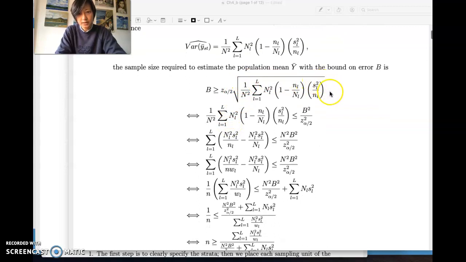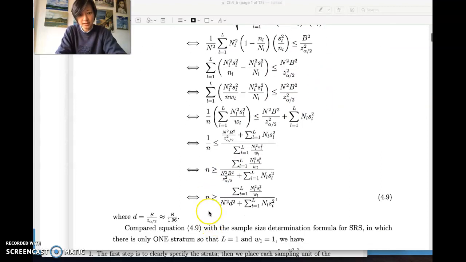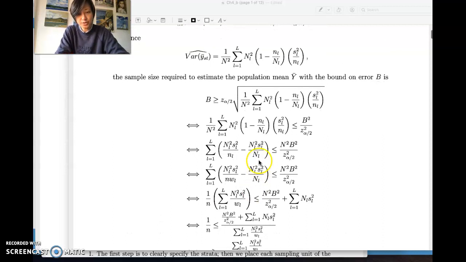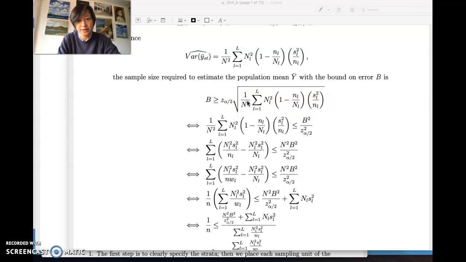My objective is to relate n, so that at the end my sample size n is greater than or equal to something on the right-hand side. What we're doing is not really a calculation, we just move the equations around so that we have n on one side and the rest on the right-hand side. First, we want to get rid of the square root, so take the square on both sides.